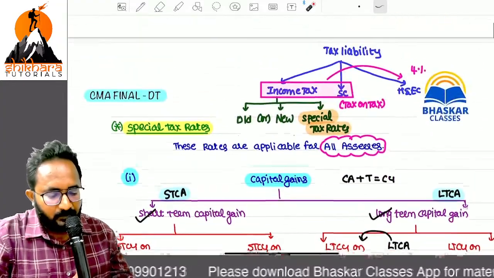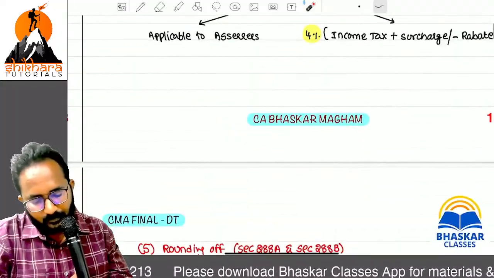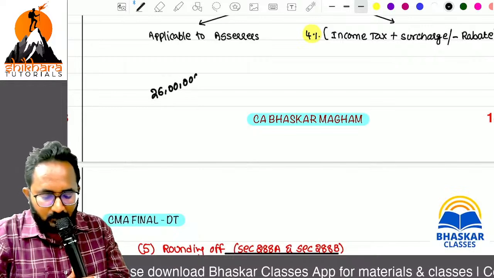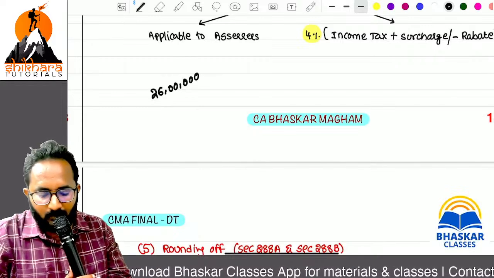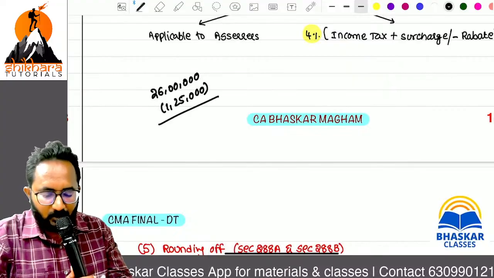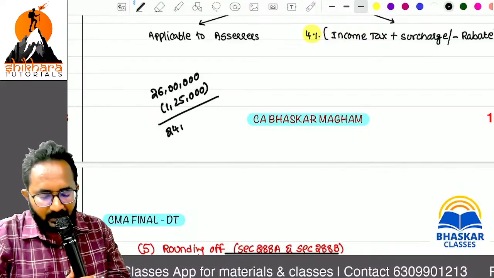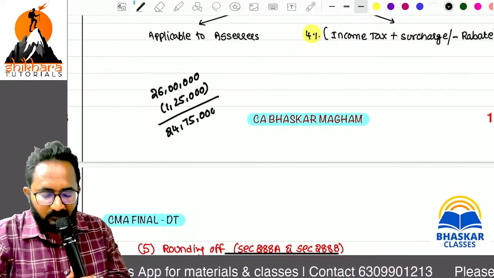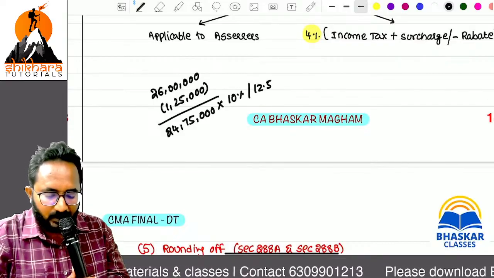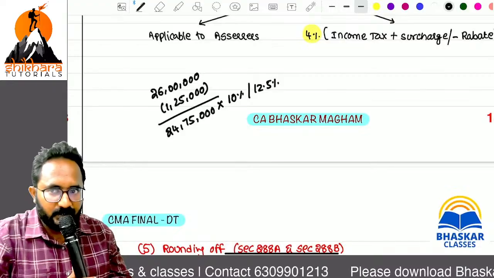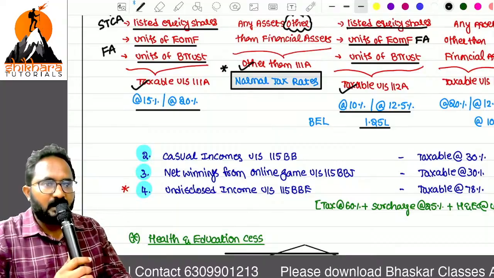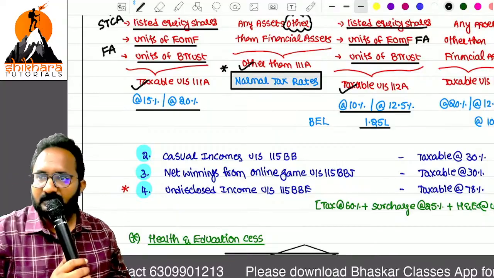So how much is taxable? Not the whole 26 lakh. After the exemption of 1,25,000, it is 24,75,000. It will be taxable at the rate of 10% or 12.5% depending upon the transfer date. Previously 10%, now amended to 12.5%.